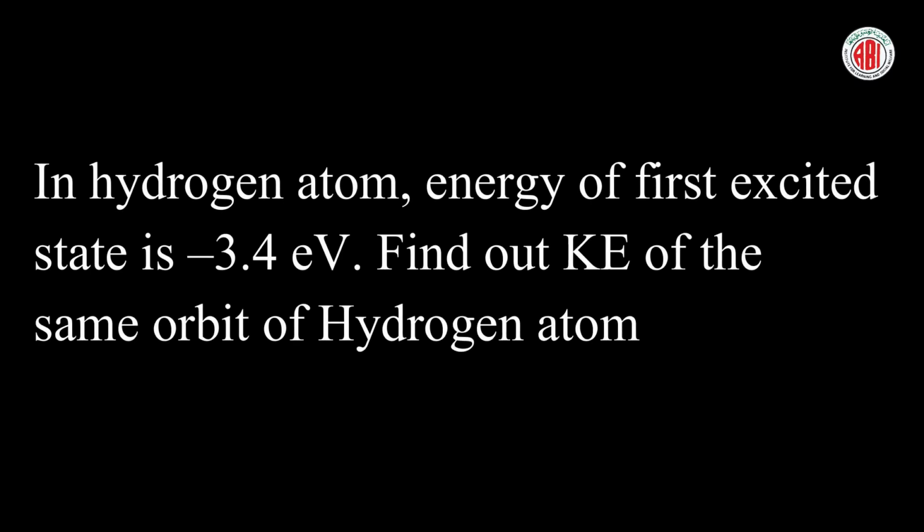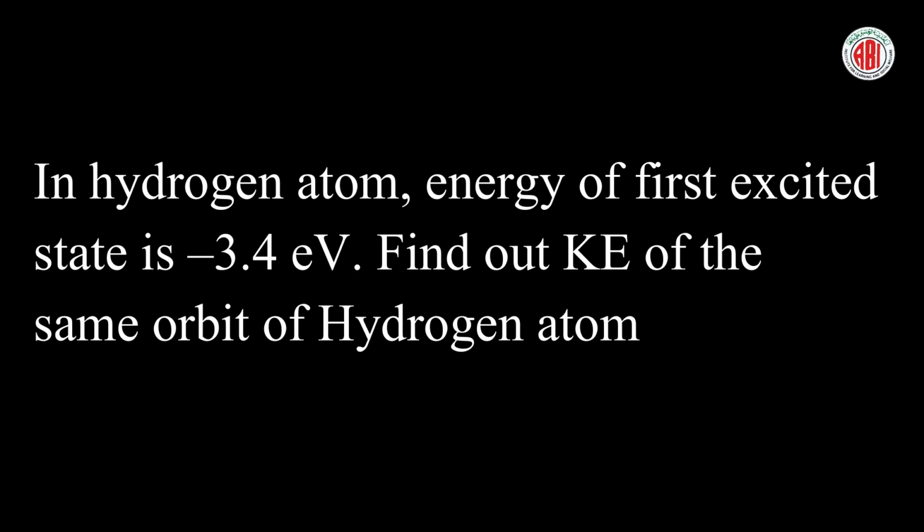In a hydrogen atom, the energy of the first excited state is −3.4 electron volt. Find out the kinetic energy of the same orbit of the hydrogen atom. Let us see how to solve this problem. Suppose the nucleus of the hydrogen atom has a charge of one proton, positive, and the electron revolves in an orbit of radius r around it.